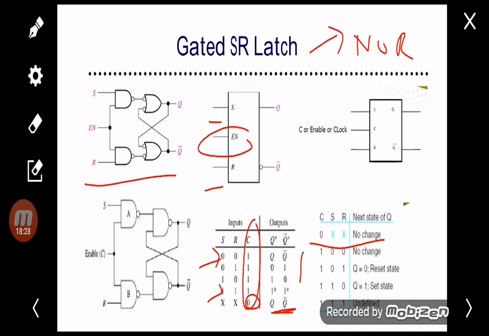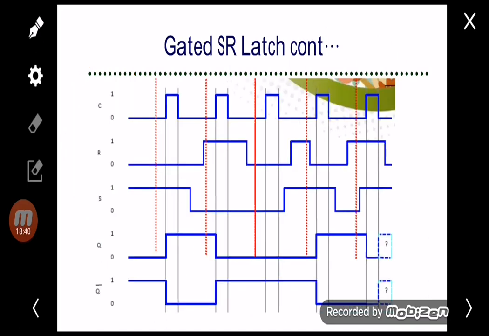There is an additional input to the logic circuit. Alright, for example, like this one, the gated SR latch, we have the additional C here.